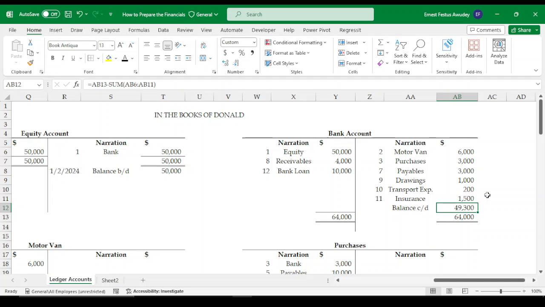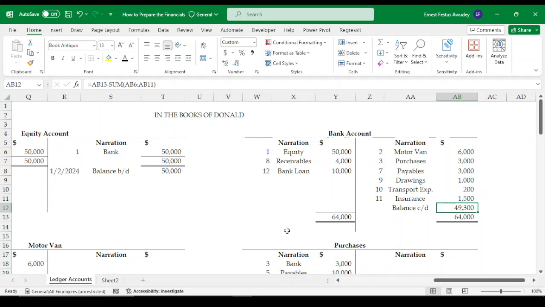So what we just did is that we calculated this total and we found it to be, which we can find here as sum, 14,700. Okay, and we want to insert a figure which when added to the 14,700 will give us 64,000. That is why we subtracted the sum, which is 14,700, from the total sum, which is 64,000.